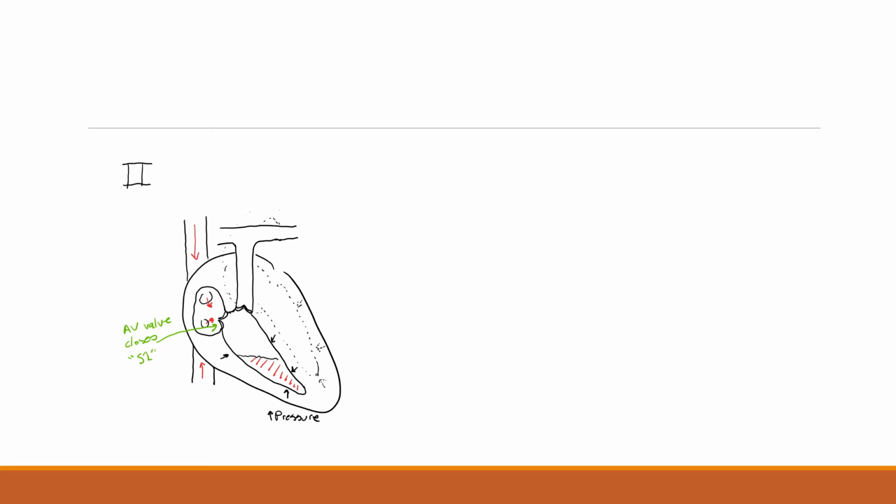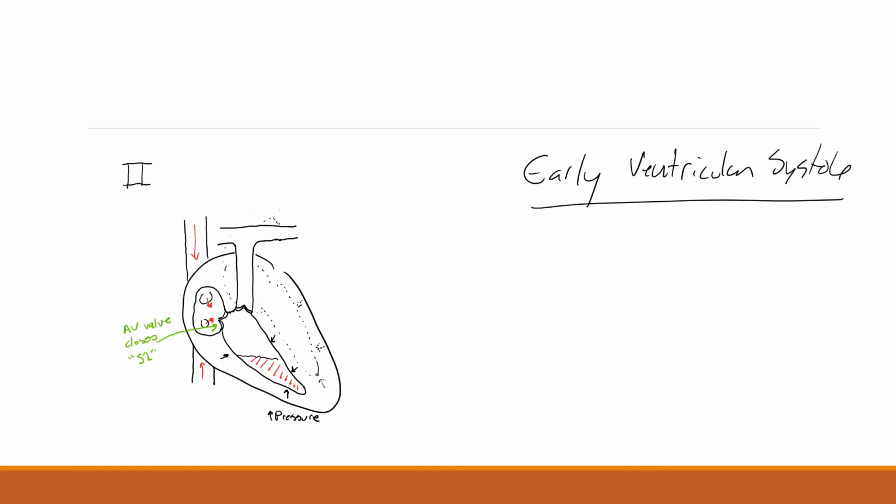So now here's step 2. And in step 2, we are in something called early ventricular systole. So what that means is now this is the beginning part of when the ventricles are going to start to contract. Okay?